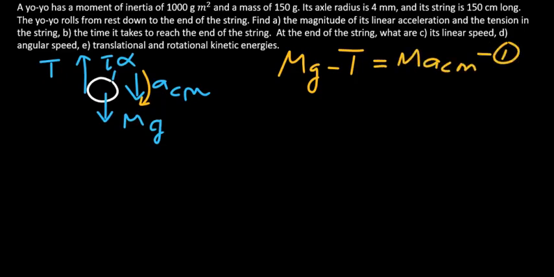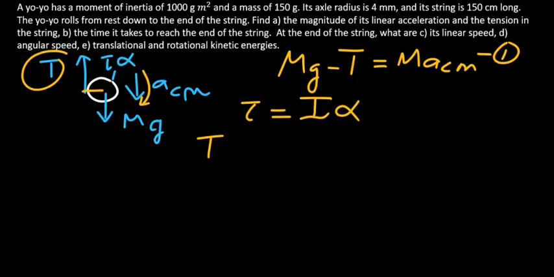So that's equation 1. Newton's second law for rotation, as we have just explained, states the torque due to that tension equals the moment of inertia of that wheel, which we know to be 1000, times the angular acceleration. However, the torque is given as the product of that tension times the radius of that wheel.